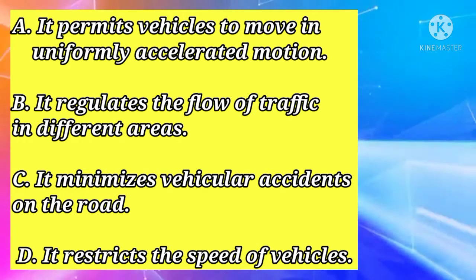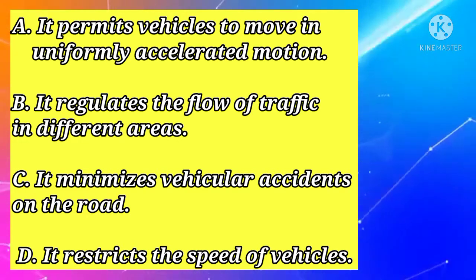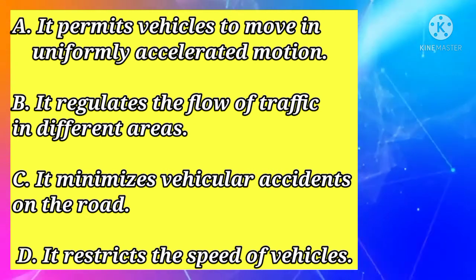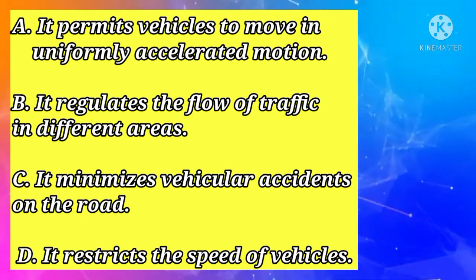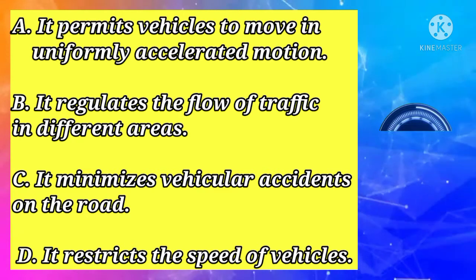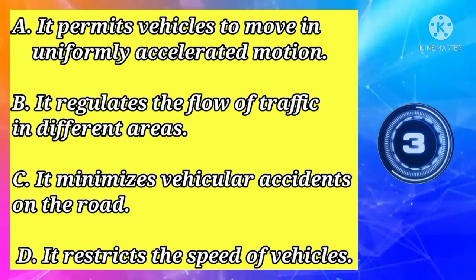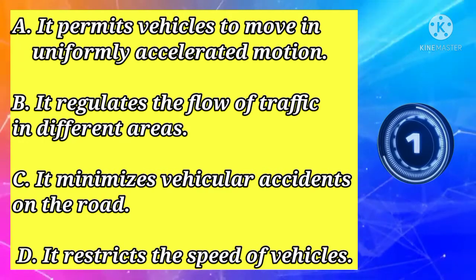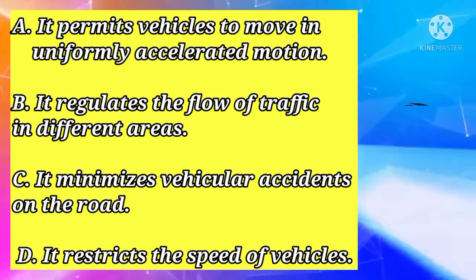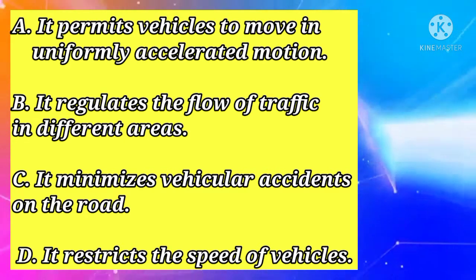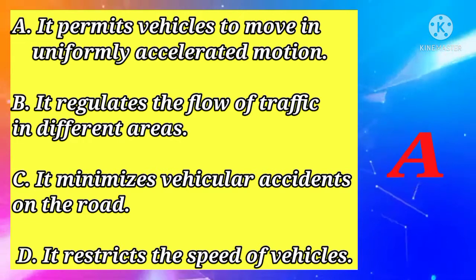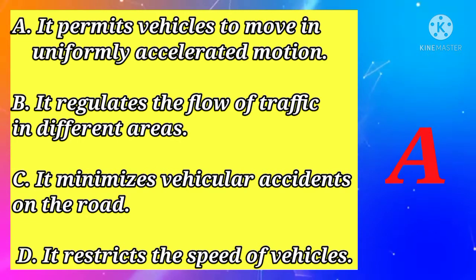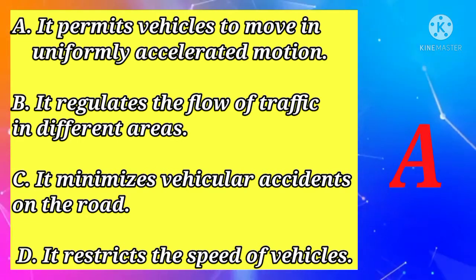Or C. It minimizes vehicular accidents on the road. Or D. It restricts the speed of vehicles. The correct answer is letter A. It permits vehicles to move in uniformly accelerated motion.